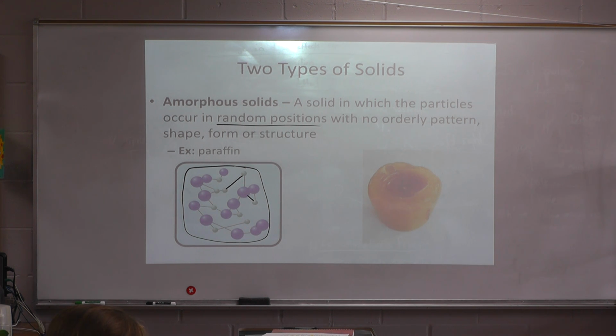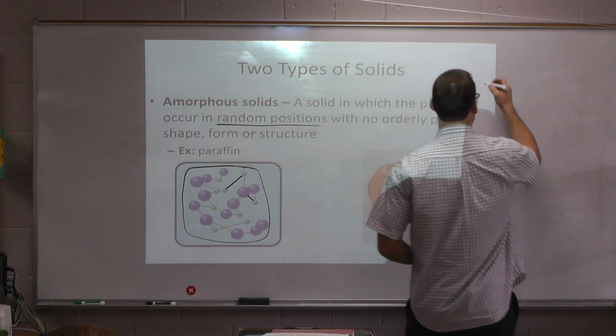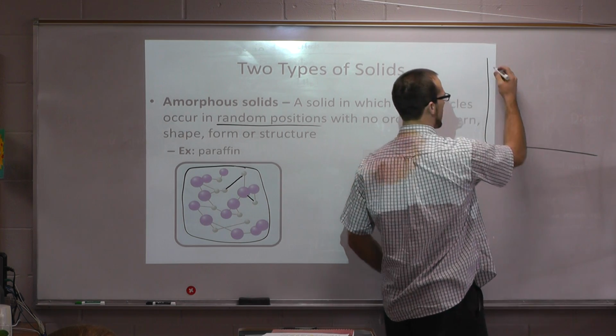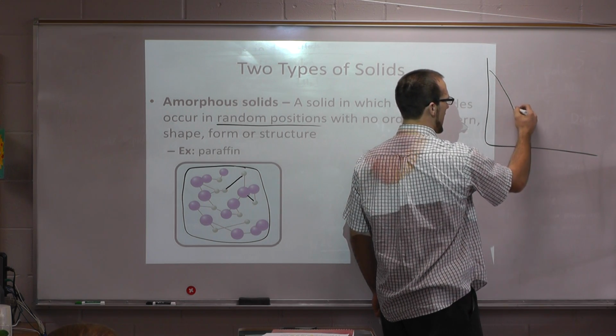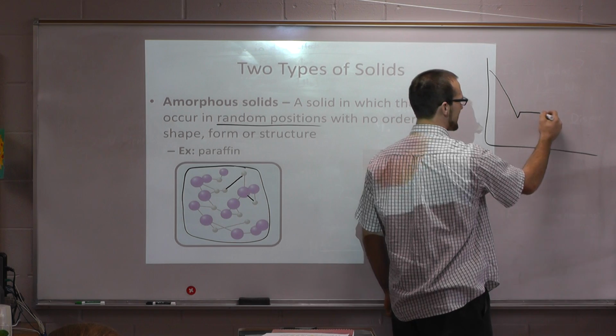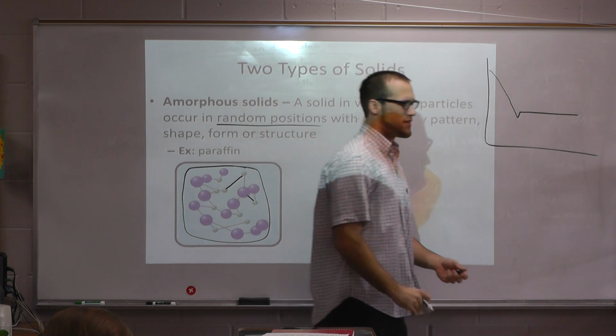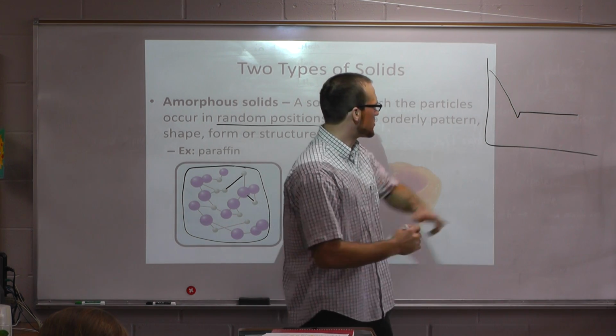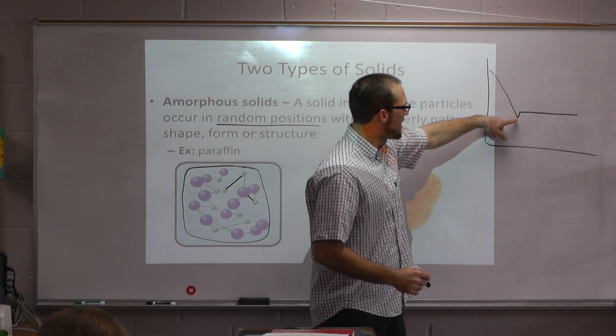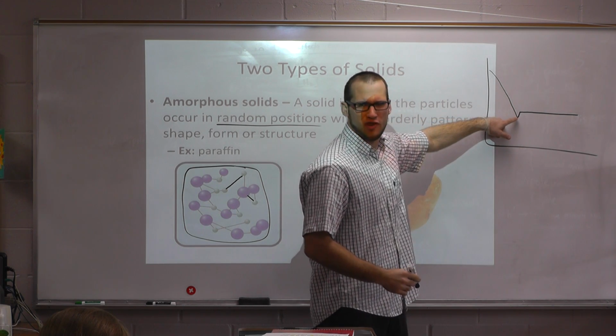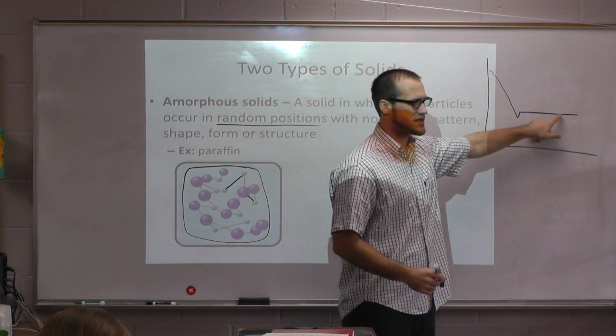What's really interesting is, I don't know if you remember the lab we did at the beginning of the year when we did melting point and freezing point of water. Do you remember that? Yeah. We had our graph where it went down and then it went like this. Everybody remember the graph? This is where it was cooling, and then it would drop below the freezing point, went back up and froze.